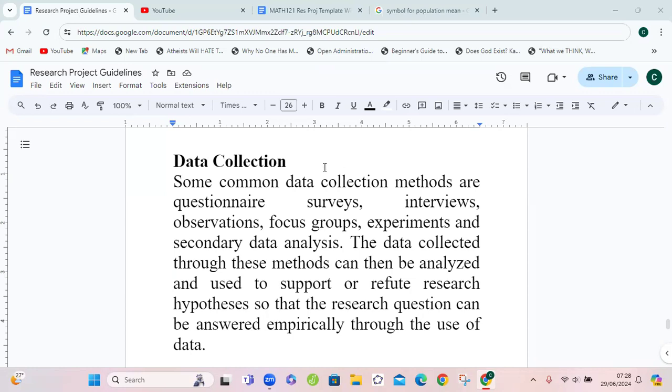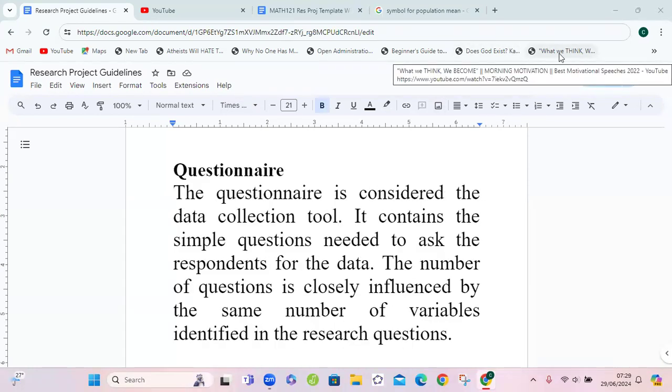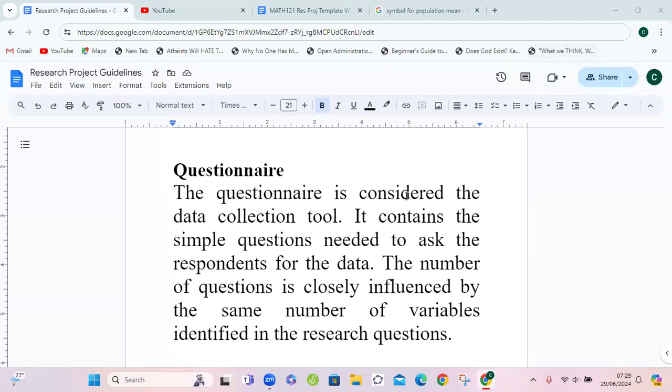So now we are into statistics, data collection. We'll put a little emphasis on questionnaire for this particular course. But as you can see, there are other methods for collecting data. The questionnaire is considered the data collection tool, okay?